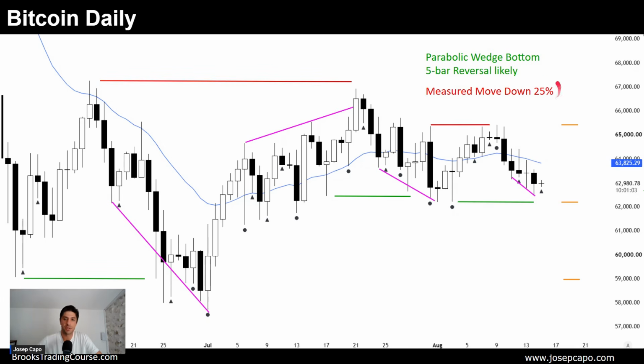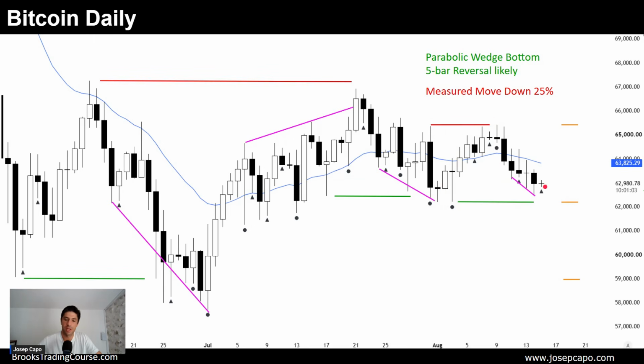But still, what can happen, and happens 25% of the time, and that's more than many people think, is that there could be a breakdown. Here on the orange lines I have drawn the possible measured move down, based upon the height of this range, of this double top, or call it double bottom, or call it the bull leg.